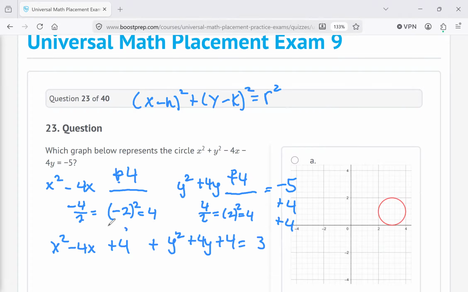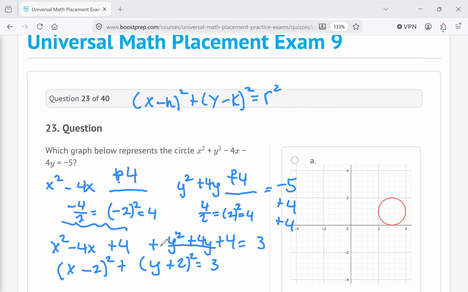Okay, then what we've got to do is put this in factored form. So it's going to be x minus 2 squared plus y plus 2. So go back. So half of your b is, yeah, 4, so it's 2, and then 3.